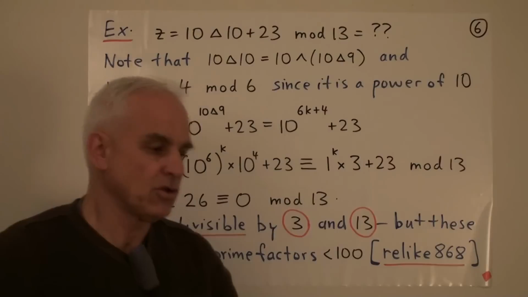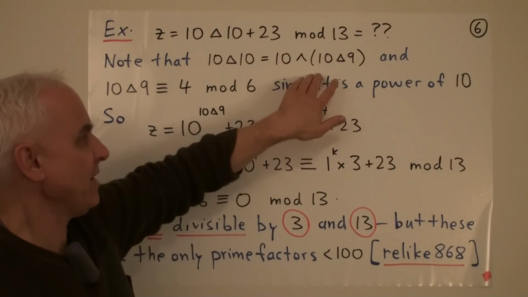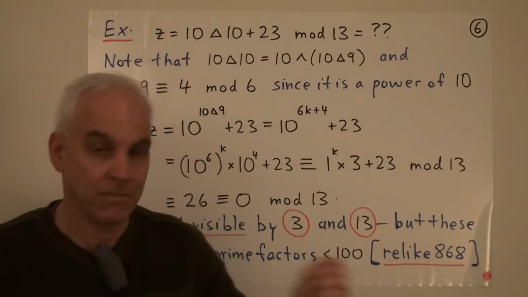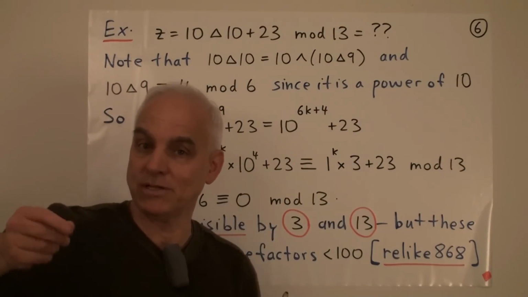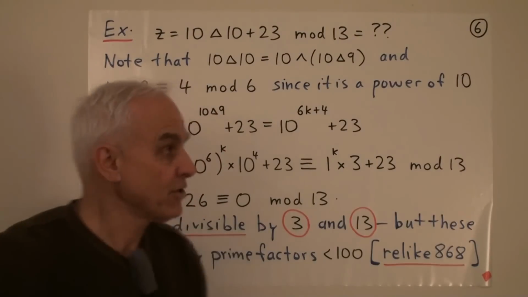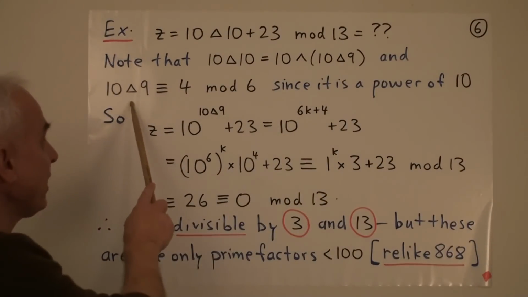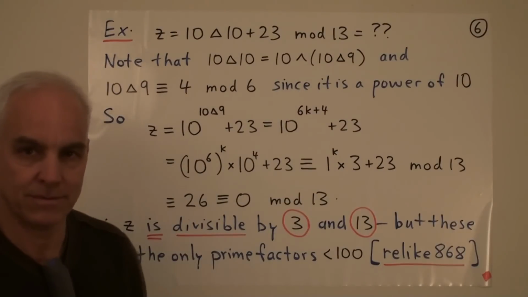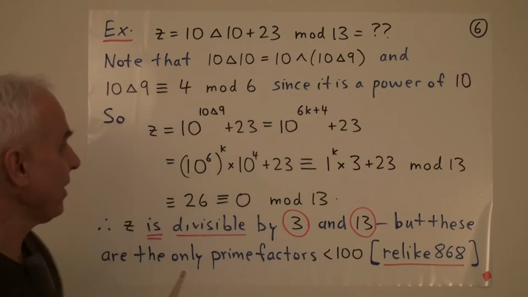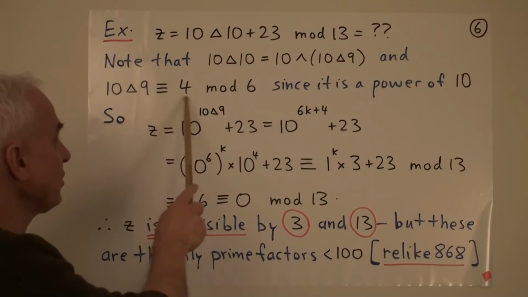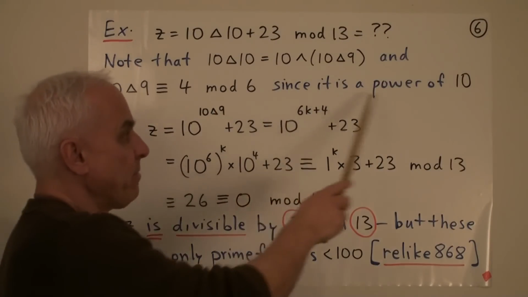Okay, now we've seen that to figure out what some power of 10 is congruent to mod 13, we should look at the exponent and try to figure out what its remainder is mod 6. So let's take this exponent, 10 triangle 9, and look at it mod 6. Well, that's, in this case, very easy. 10 triangle 9 is congruent to 4 mod 6. Why is that? Well, that's because it's a power of 10.